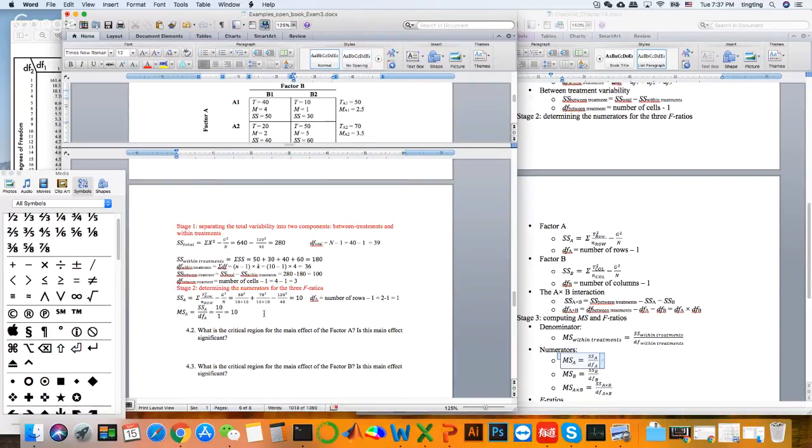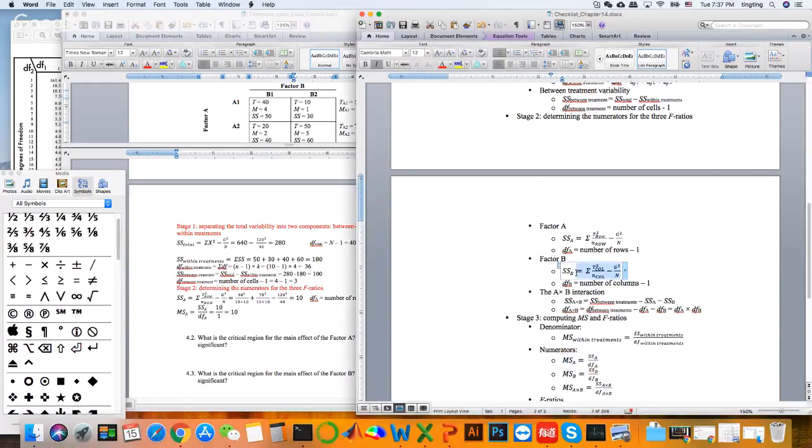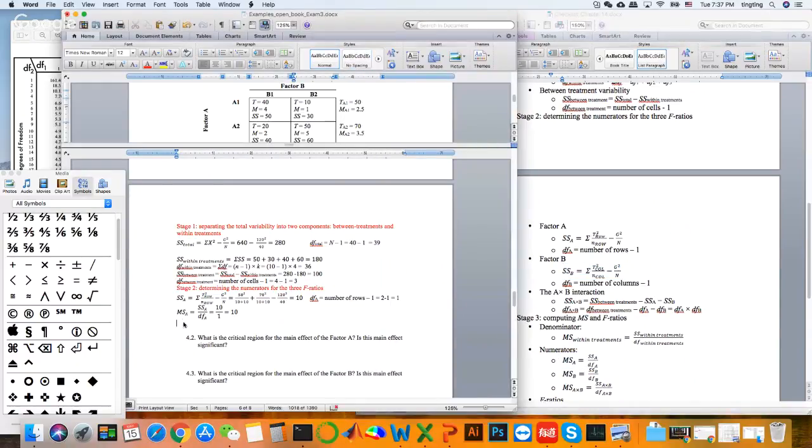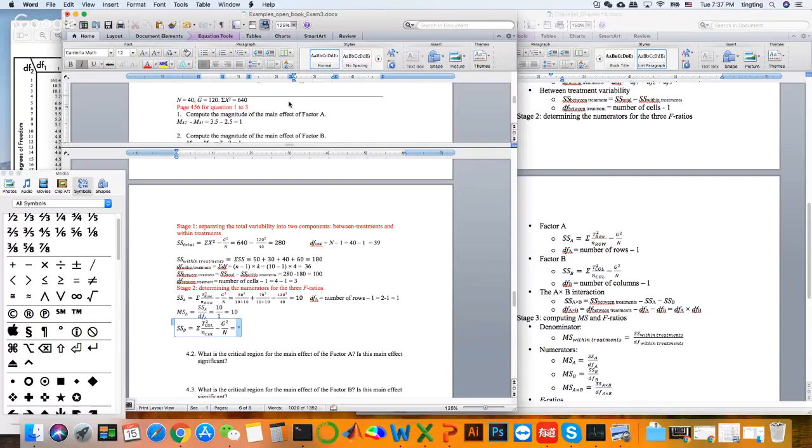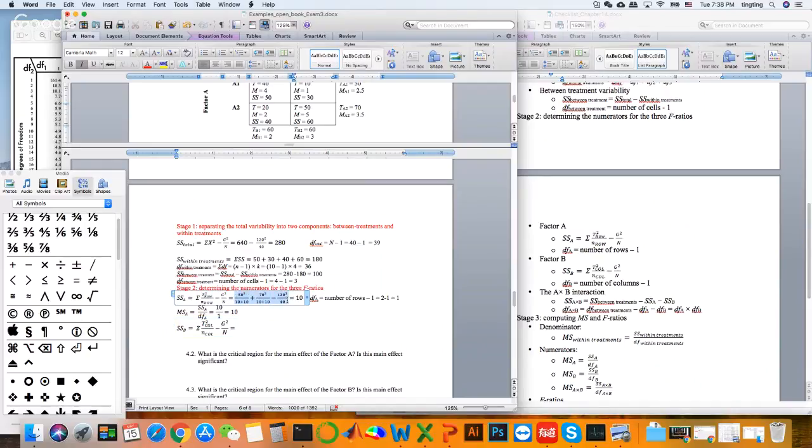So let's compute the factor B. Similar, but we need to use the column total instead of the row total. So actually this number is 60 and 60. The result, if we do the computation, is 0.